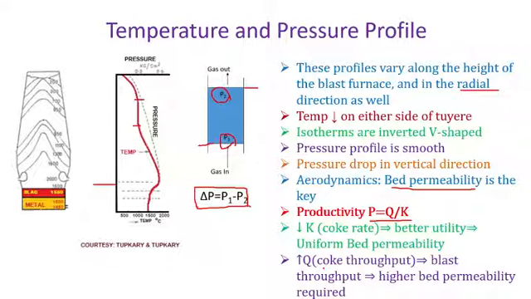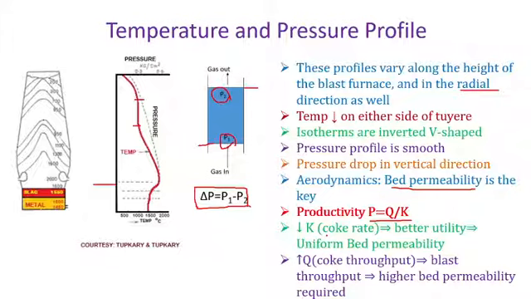And K means the coke rate, which indicates the coke consumption per ton of hot metal, means how much coke is used to produce 1 ton of pig iron. That is in kg per ton hot metal. Then the productivity will be in ton of hot metal per hour.